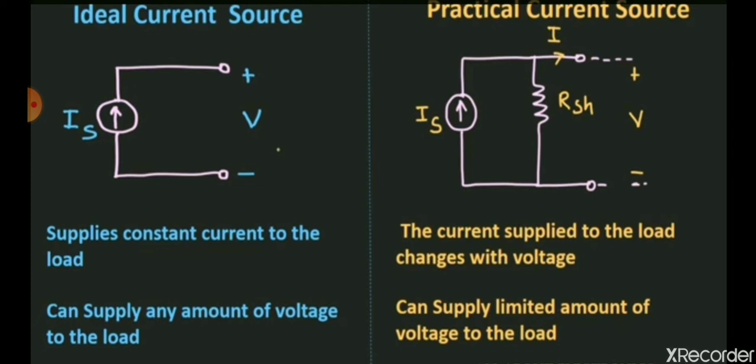Now second, ideal current source supplies constant current to the load, and practical current source, the current supplied to the load changes with respect to voltage. In ideal current source, it can supply any amount of voltage to the load, and in practical current source, it can supply a limited amount of voltage to the load.